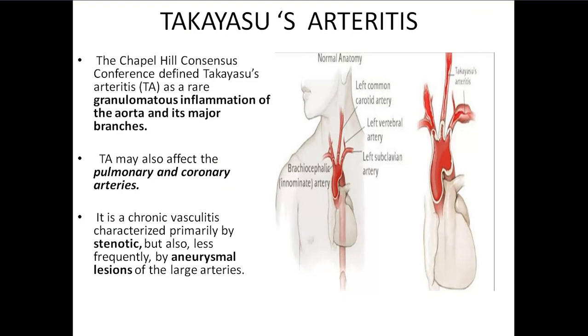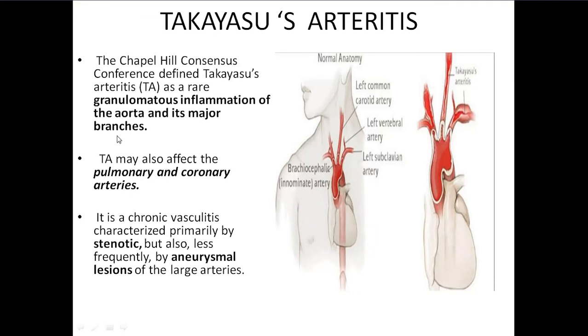So we'll go into Takayasu arteritis. The large vessel vasculitis, we have Takayasu arteritis and giant cell arteritis. The Chapel Hill Conference defined Takayasu arteritis as a rare granulomatous inflammation of the aorta and its major branches.